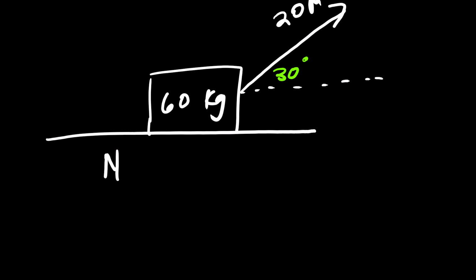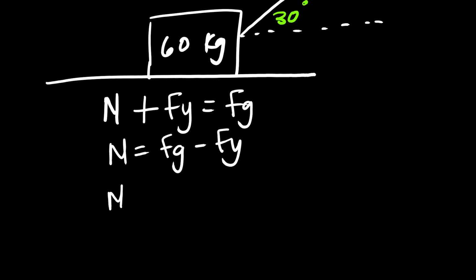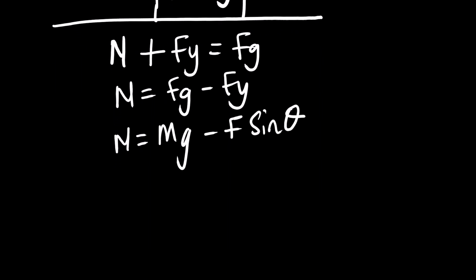Remember, normal force, it's equal to, actually let me do this, normal force plus Fy is equal to Fg. Then normal force is equal to Fg minus Fy, and then we have normal force is equal to mg minus F sine theta.